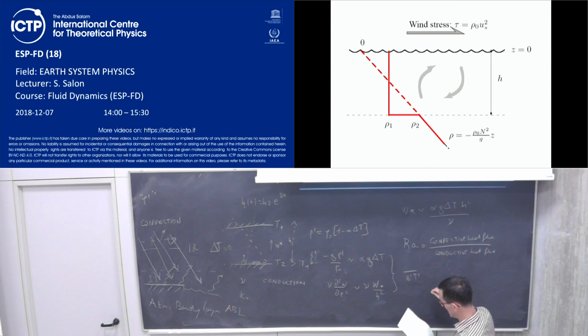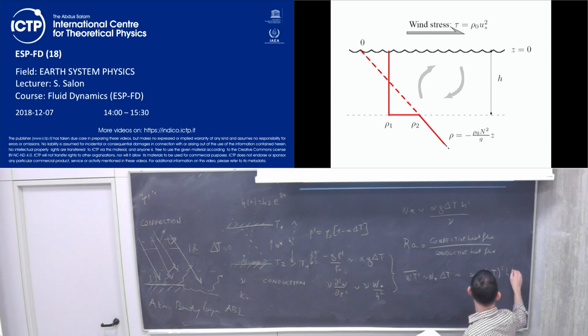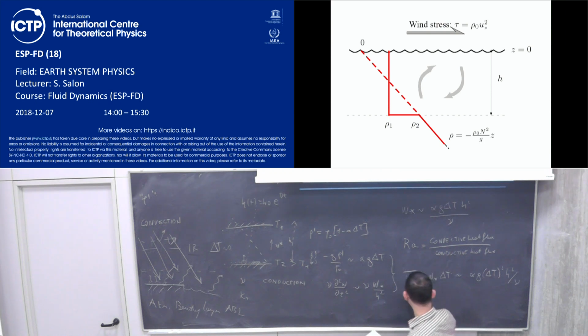So W prime T prime, which scales as W star delta T, will be equal to alpha G delta T squared H squared divided by the viscosity. And this is the convective heat flux. The conductive heat flux is simply related to the molecular effect due to the heat diffusivity.